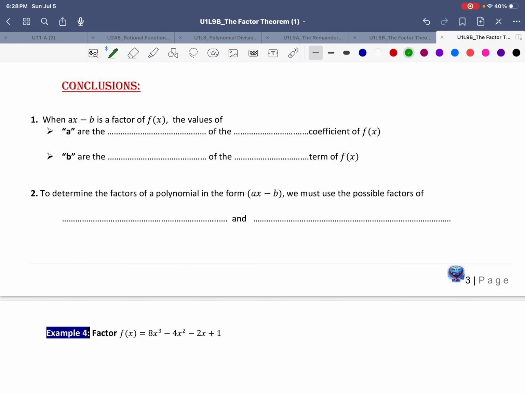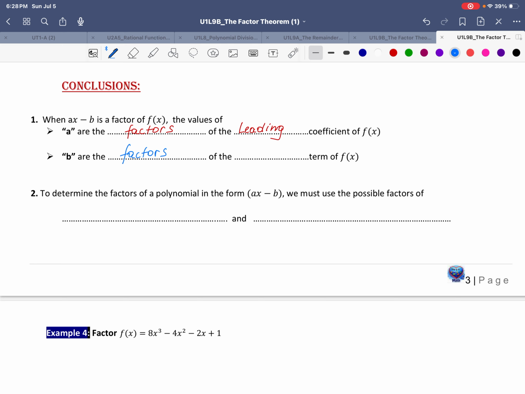So in summary, we're going to say that when ax minus b is a factor of f of x, the values of a are the factors of the leading coefficient. And b are the factors of the constant term as it was before.